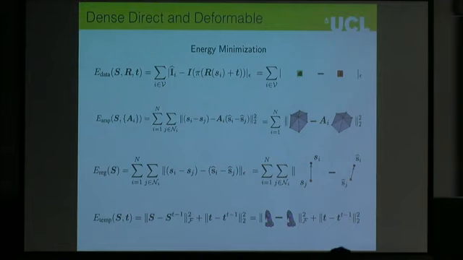I haven't written it down, but we have a similar term for the rotations here. No hard constraints, besides they have to be orthonormal matrices because we're parametrizing them as such. But apart from that, we don't have any hard constraints. There are no hard constraints in this problem at all. It's just an optimization where we're trying to minimize something that fits.